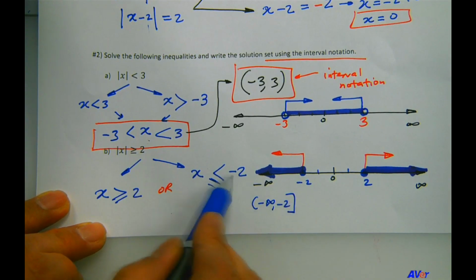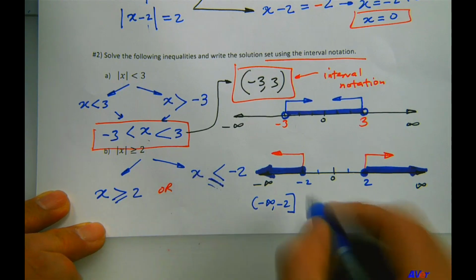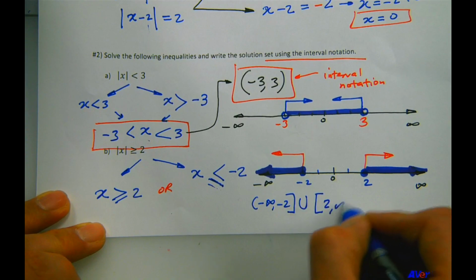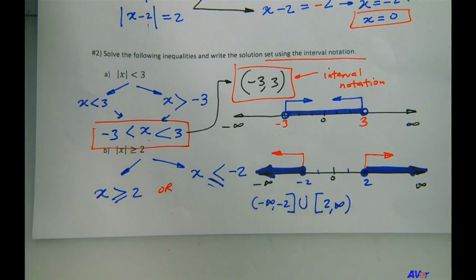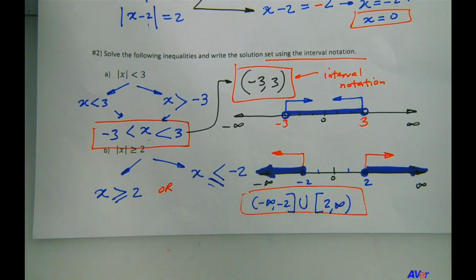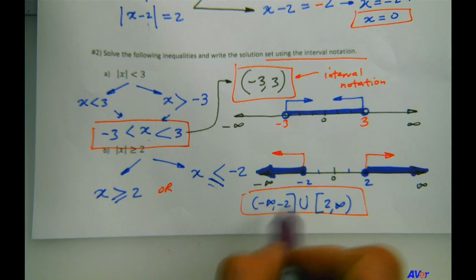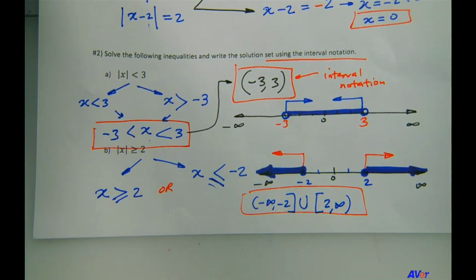Bracket because -2, look at the equality, is part of the solution. Union, that piece. Bracket, 2 comma, infinity, parentheses. And the infinity side always gets the parentheses. We write these numbers always with the smallest number on the left, comma, the larger number on the right.